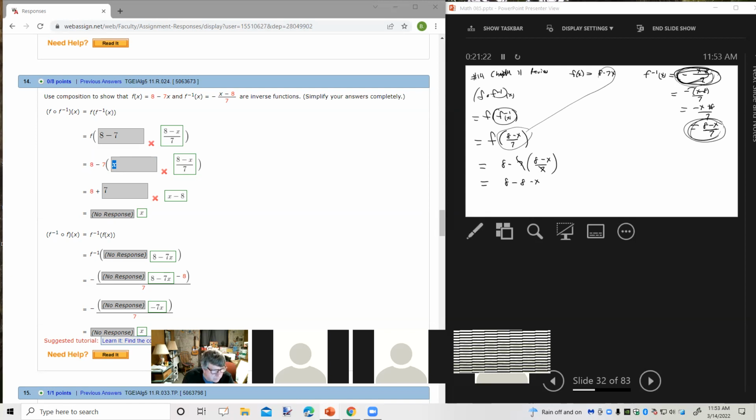Hang on here. Right, which would then be 8 minus 8 plus x. So your next line you'd have, and then this, they wrote it as 8 plus x minus 8.